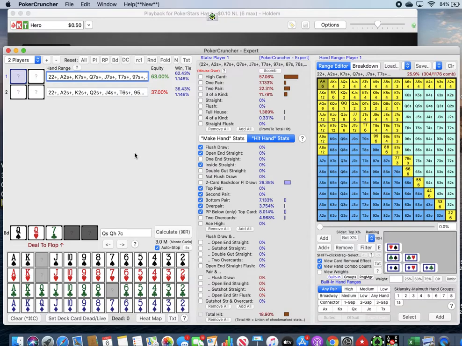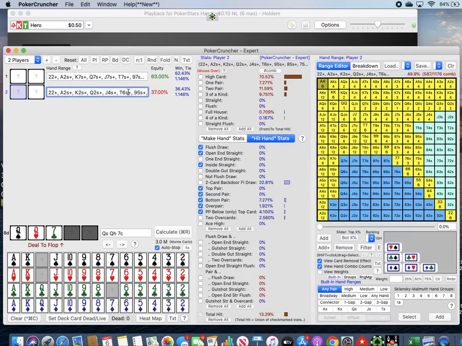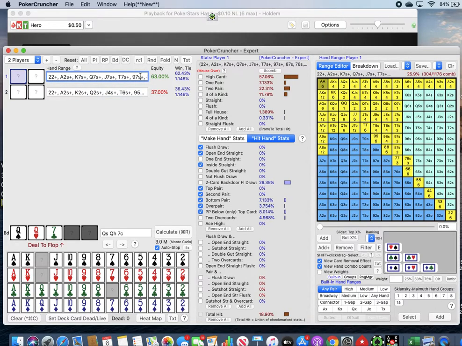We have the same number of pocket pairs as him. We have all the pocket pairs, as does the villain. The difference is the higher concentration of our range. So 11 times 6 is 66, so we have 70 combinations of pocket pairs here.